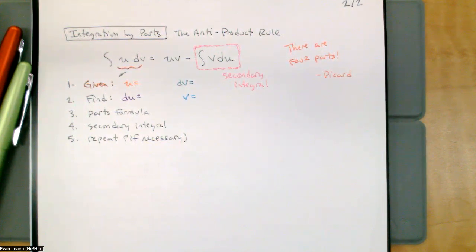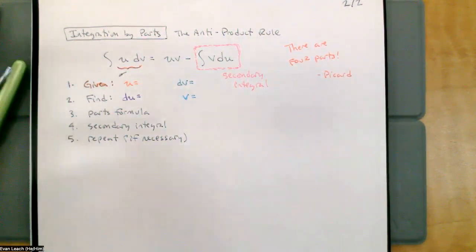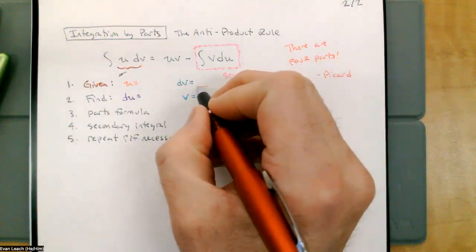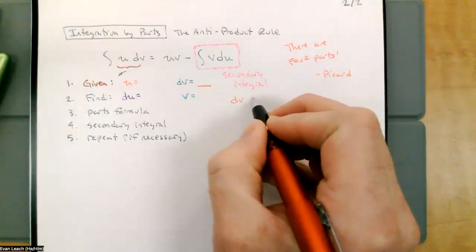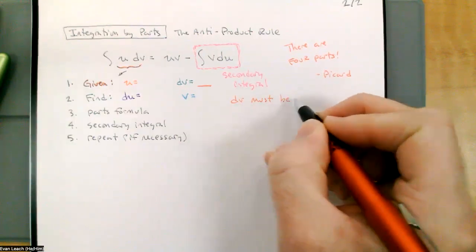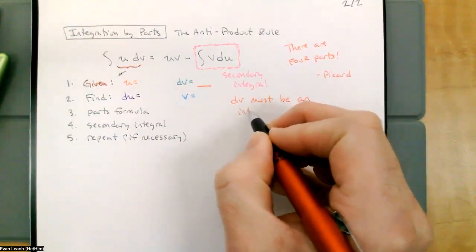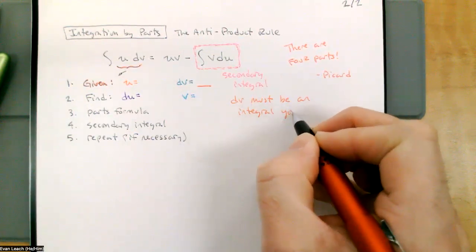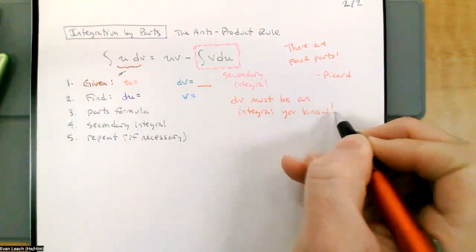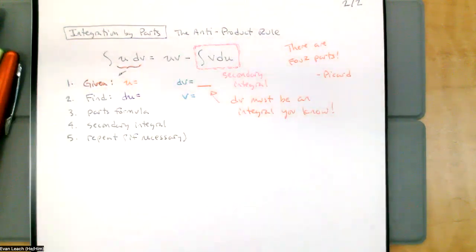Whatever you choose for dv must be an integral that you know. Otherwise, you can't do the second step, because you have to integrate dv to find v.